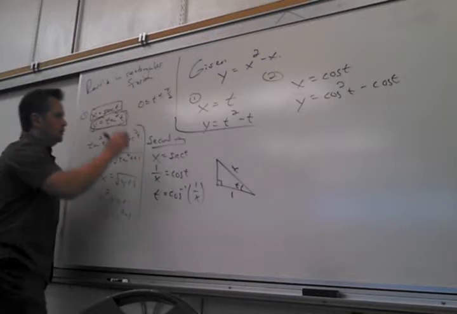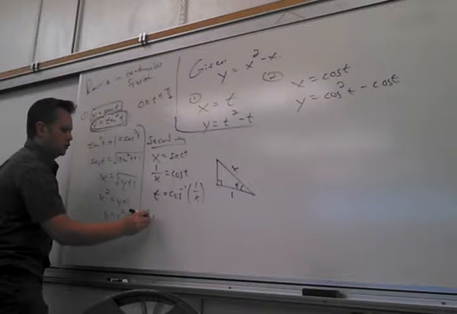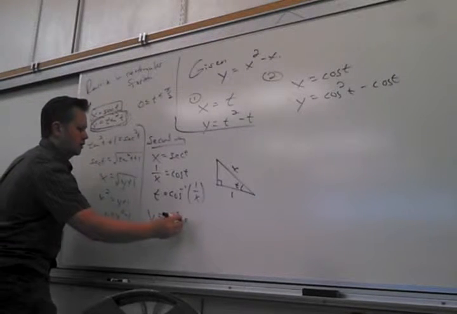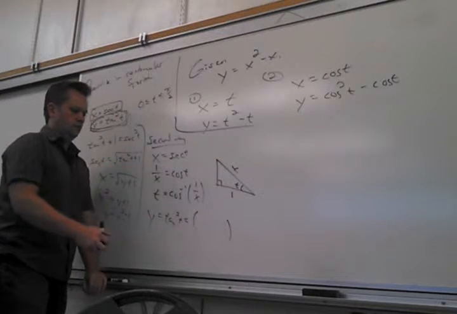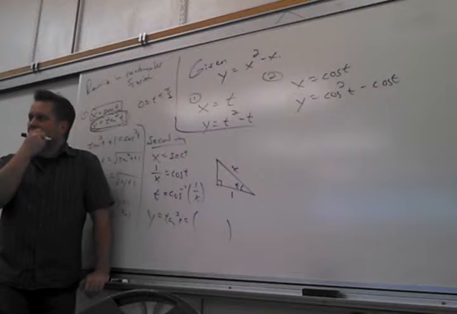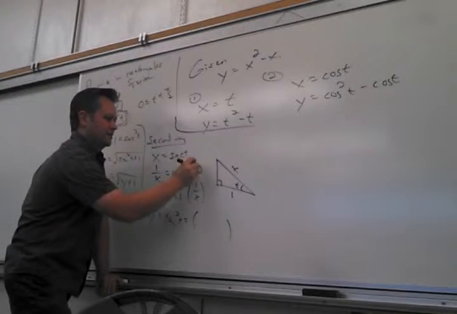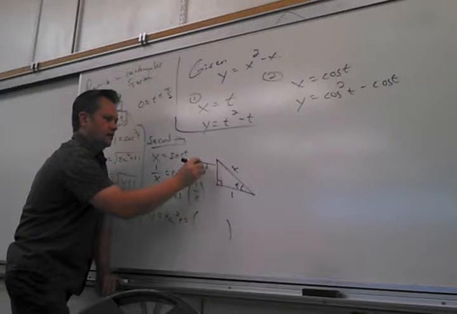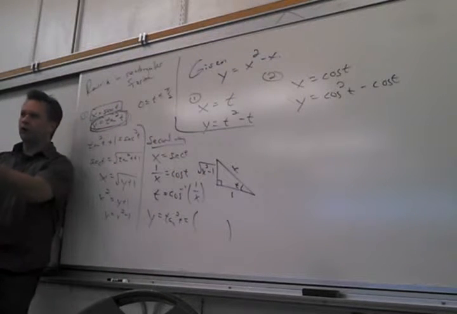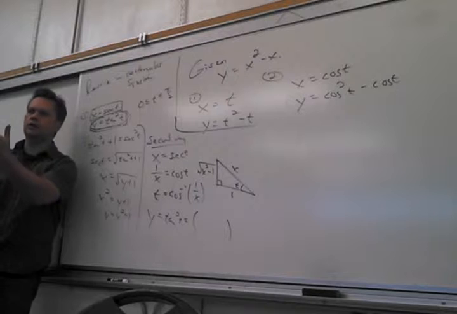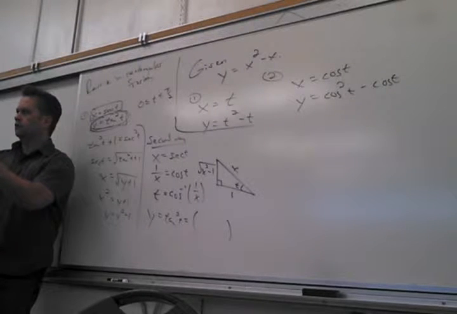And now y is tangent squared. Well, what's tangent? So what do I need? The opposite side is the square root of x squared minus 1, since 1 is 1 squared. That's just the Pythagorean theorem. All right, I like it.